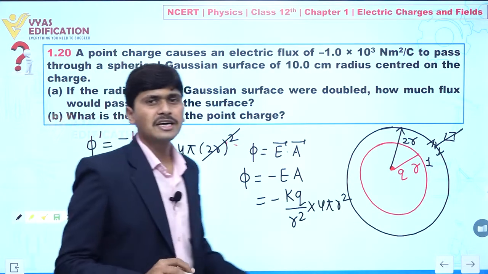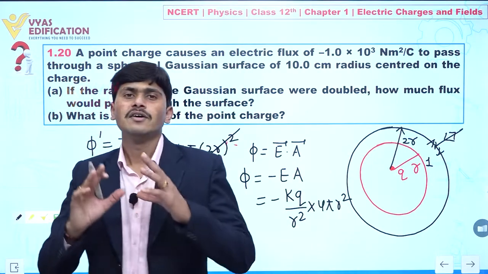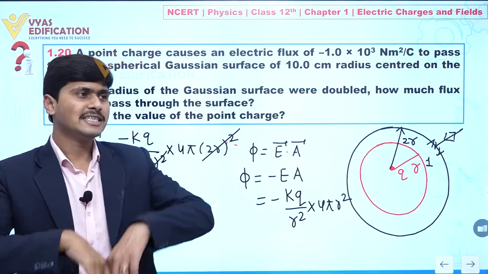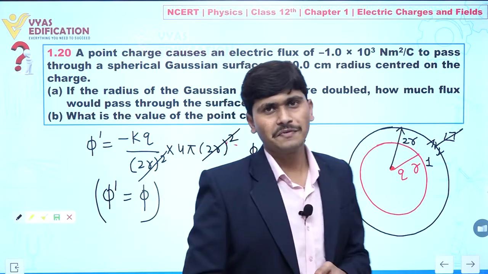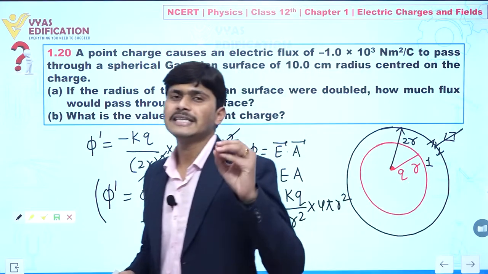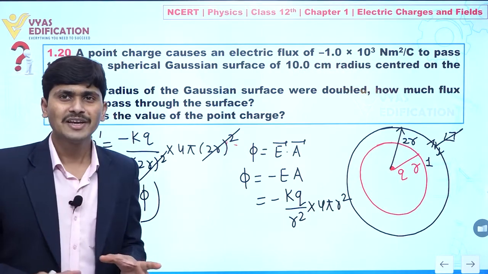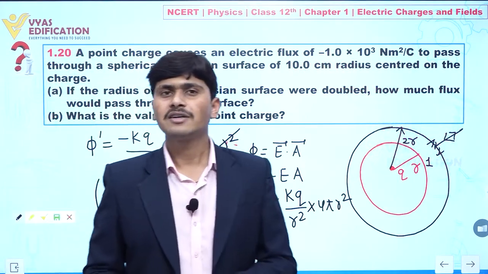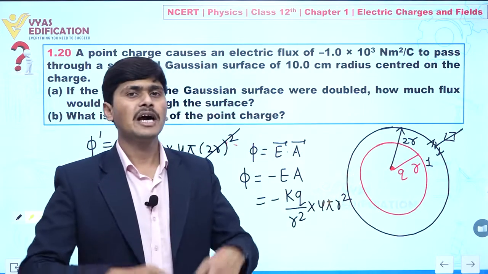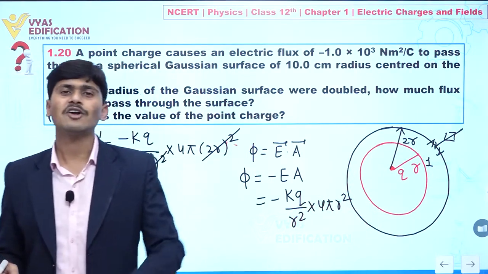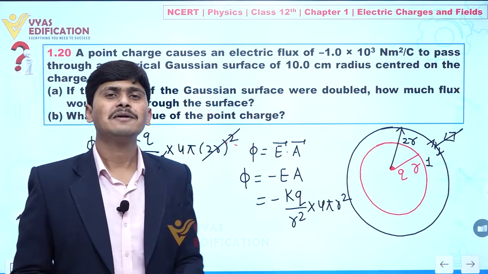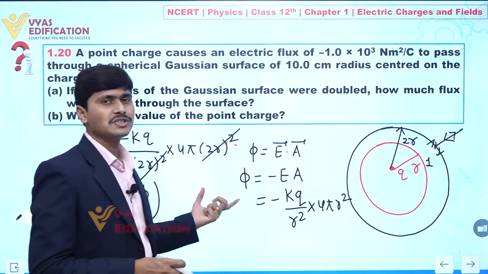A very important conclusion we are getting here: whenever we change the radius of a Gaussian surface, but the net q inside the Gaussian surface is the same, the net flux coming outward or inward always remains the same. It does not depend on the radius of the Gaussian surface.